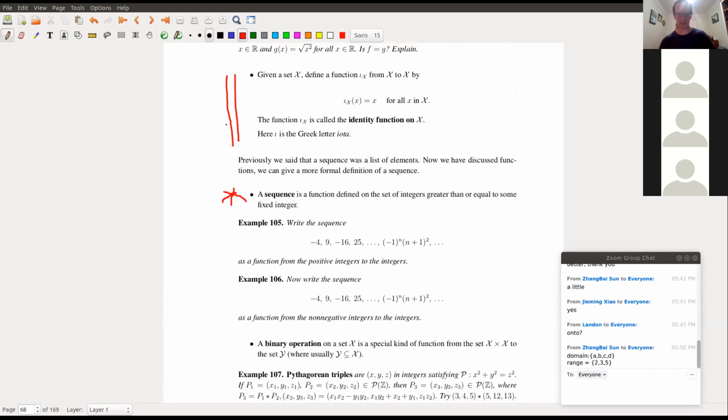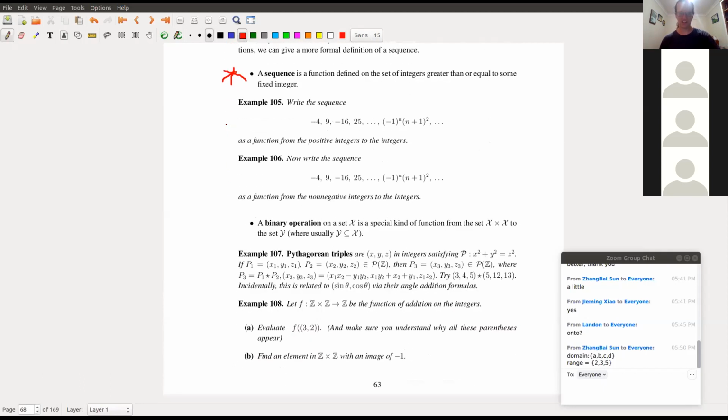The next bit that's important, just for notation, is this guy. A binary operation on a set is a special kind of function from the product space of this set to another set y, where usually y is a subset of x. Funnily enough, I didn't know this was coming up when I was doing the example for last week.